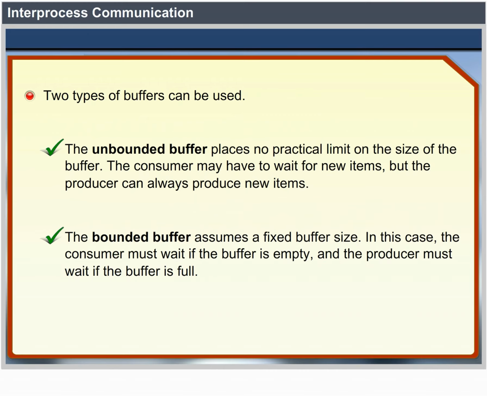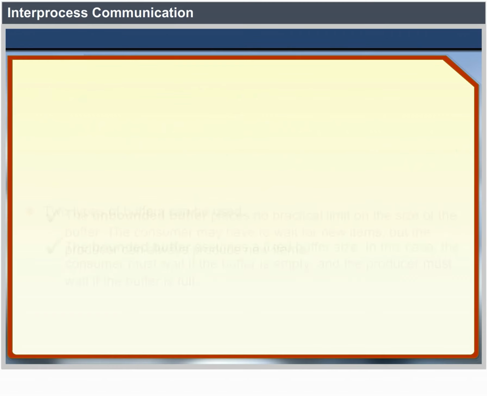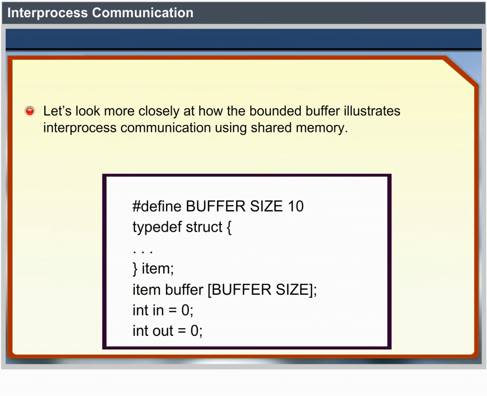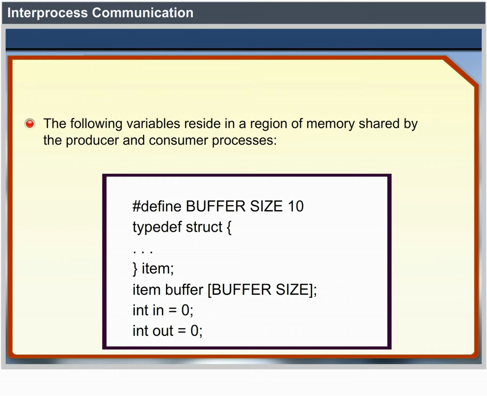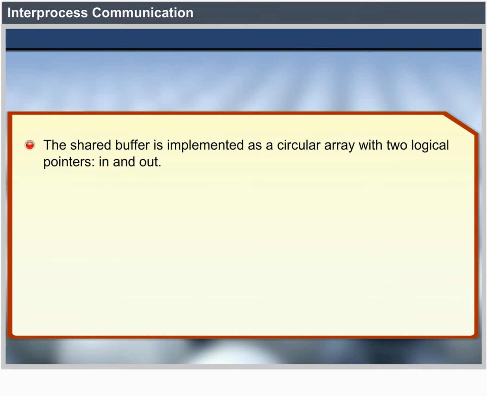Let's look more closely at how the bounded buffer illustrates inter-process communication using shared memory. The following variables reside in a region of memory shared by the producer and consumer processes. The shared buffer is implemented as a circular array with two logical pointers, in and out.